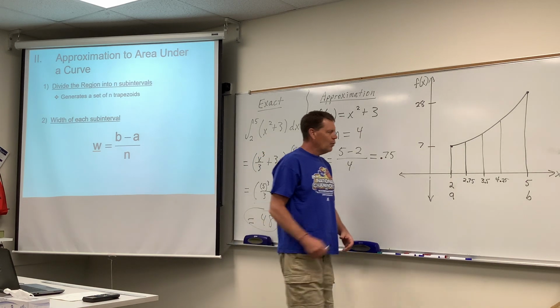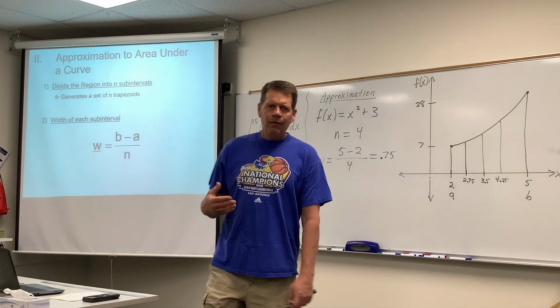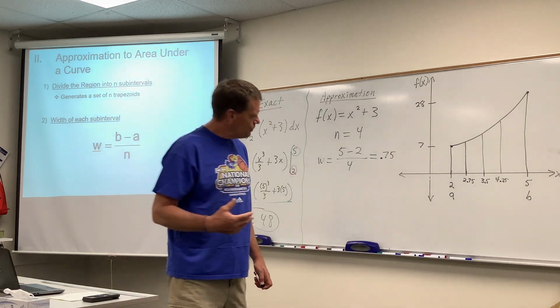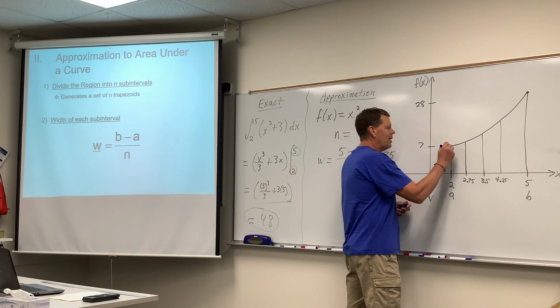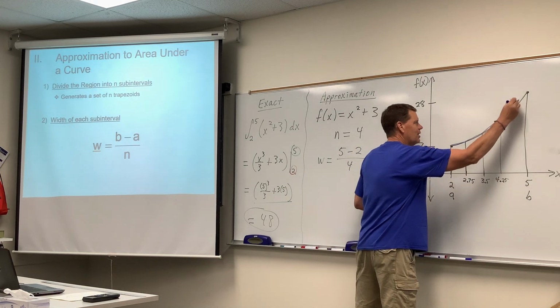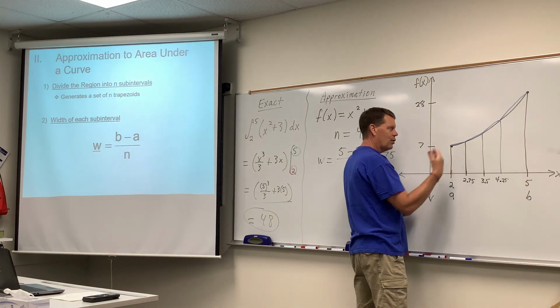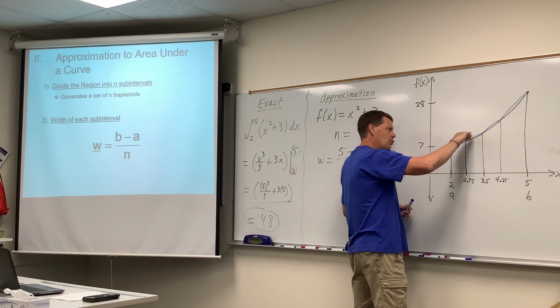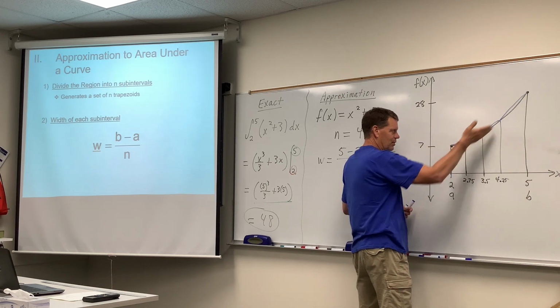Now, the reason we're going to apply that geometry formula we just talked about for the area of a trapezoid to this. But the thing you got to keep in mind is that these trapezoids have straight edges across the top. And so there's going to be a little bit of a variation between the actual trapezoid and the curve itself. So those blue edges that I made there are the trapezoids and, of course, the curve.